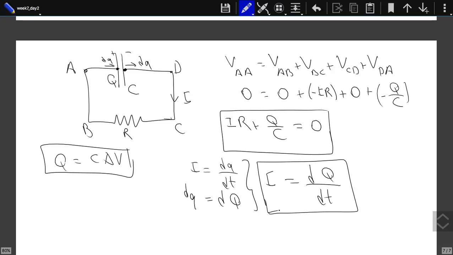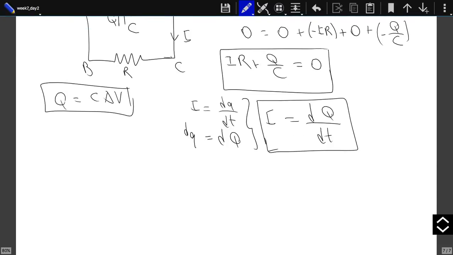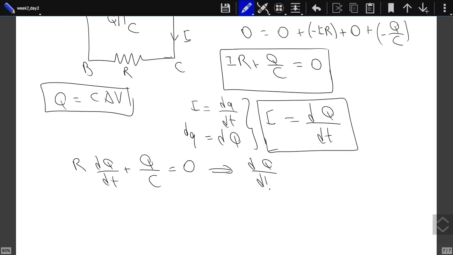So I can just put that relation in the previous equation, and we obtain that R times dq by dt plus q over C should be equal to 0. Or dq by dt should be equal to minus 1 over R times C times Q. So this is the equation satisfied by the charge in my capacitor.